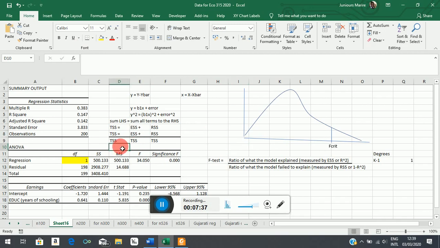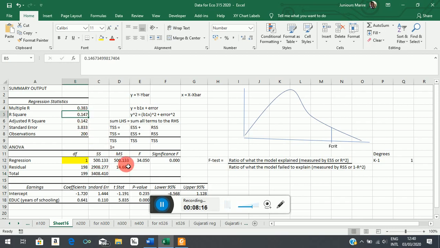So we end up having a 1 here, equal to, and your ESS over TSS is your R squared. I hope you remember this. Your ESS over TSS is your R squared. Now what we call ESS is the regression sum of squares. This R here is what the regression explained, and the SS there means sum of squares. So the ratio of this number here over this number here gives us that number there.